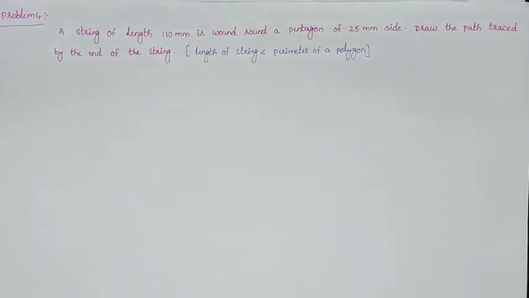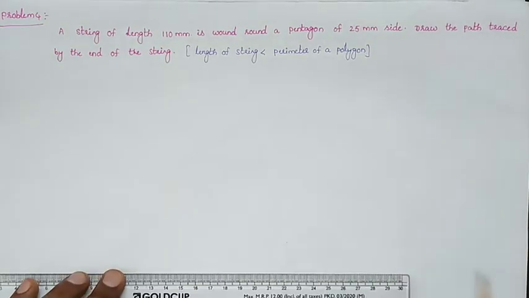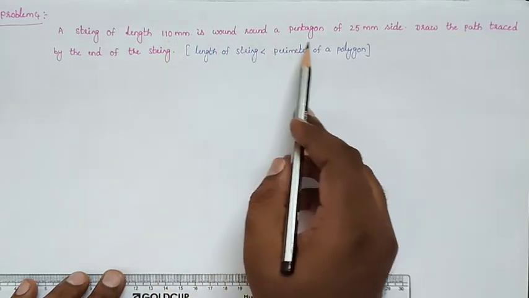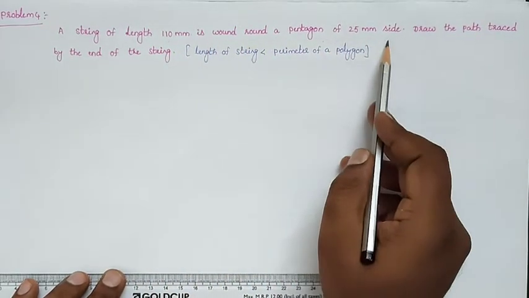So if the length of the string is less than the perimeter of a polygon, suppose the perimeter is greater than the length of the string, in this case how will we draw the involute of a polygon or involute of a circle, how will we draw the involute of a pentagon. Here they are giving that a string of length 110 mm is wound around a pentagon of 25 mm side.